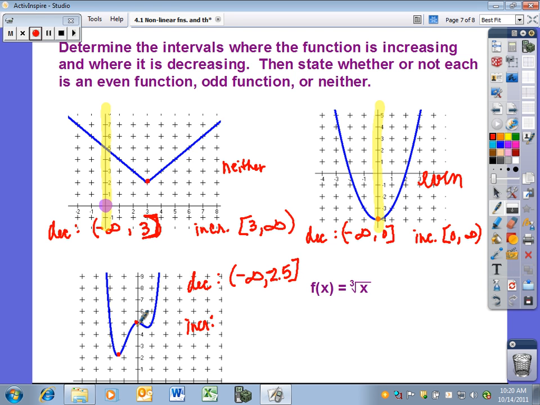And that looks like about negative 0.2. So we're increasing from negative 2.5 to negative 0.2. Then we decrease again. And we're not quite at 2, let's say about 1.8. So from negative 0.2 to 1.8. And then we're on an increase again from 1.8 to infinity. And that takes care of my entire function.